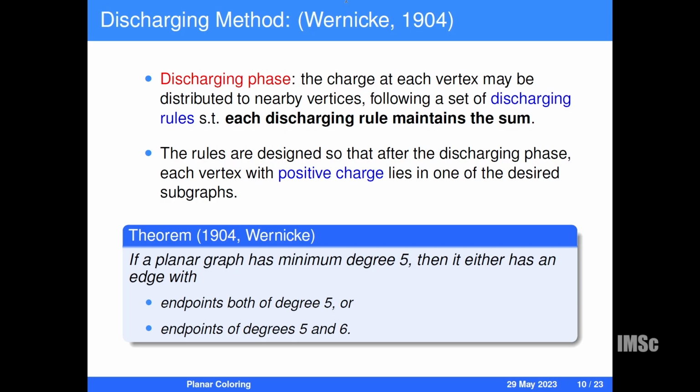To solve this using the discharging technique, first you need to come up with a specified list of subgraphs, and then specify some discharging rules, some way to distribute the charges on the vertices, and say that at the end, after application of these discharging rules, every vertex with a positive charge is in one of the desired subgraphs.